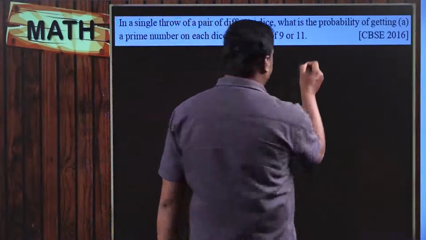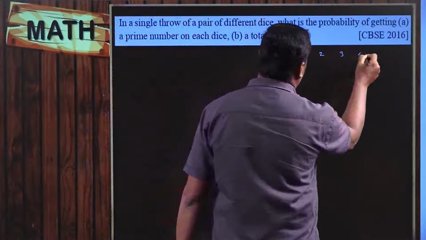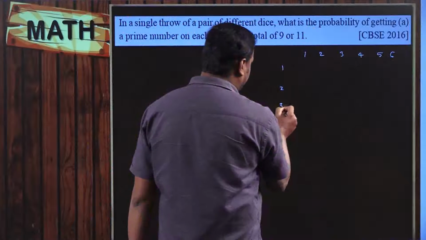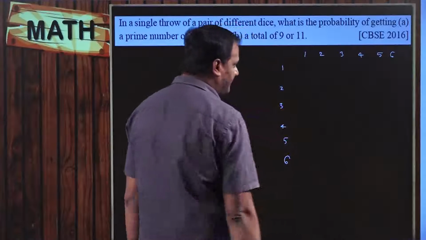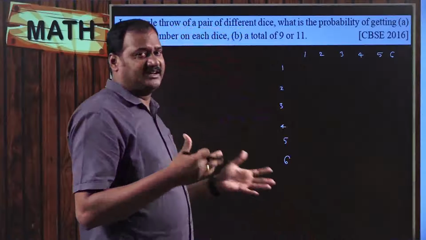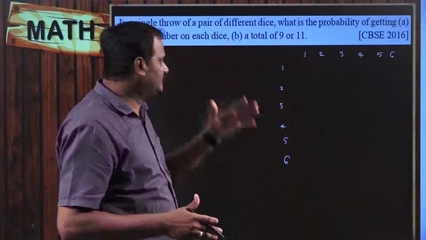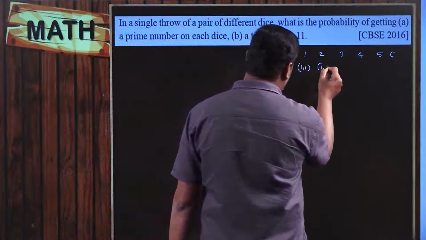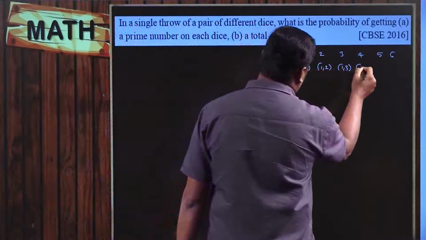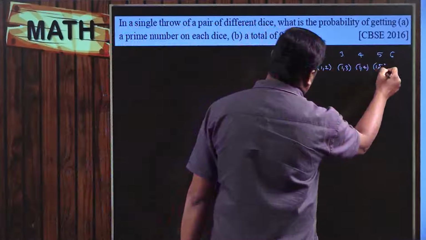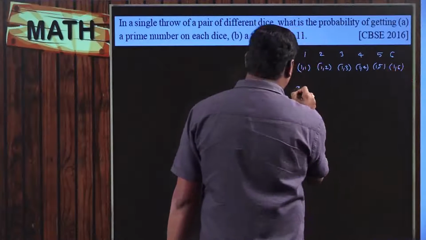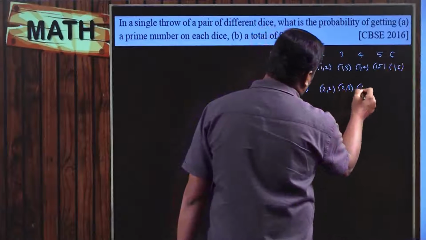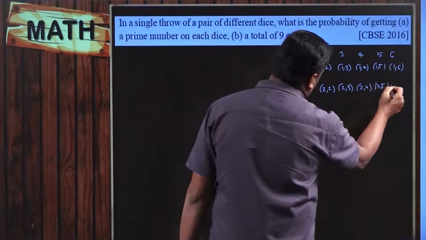Okay. So the numbers on the dice are 1, 2, 3, 4, 5, 6, here and here. Better you make this list and keep it ready so that you can directly answer. So here 1 comma 1, 1 comma 2, 1 comma 3, 1 comma 4, 1 comma 5, 1 comma 6 and 2 comma 1, 2 comma 2, 2 comma 3, 2 comma 4, 2 comma 5, 2 comma 6.